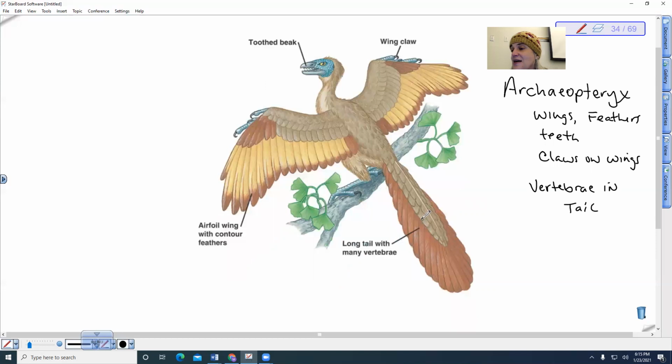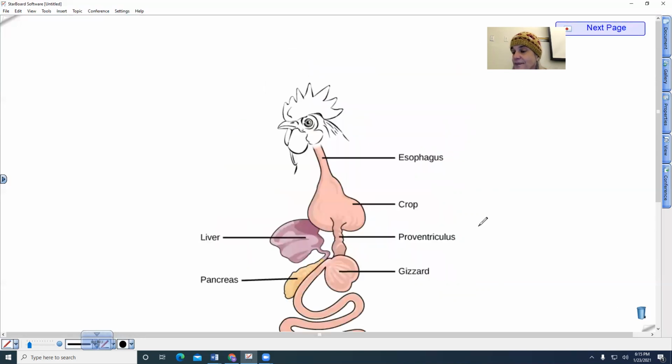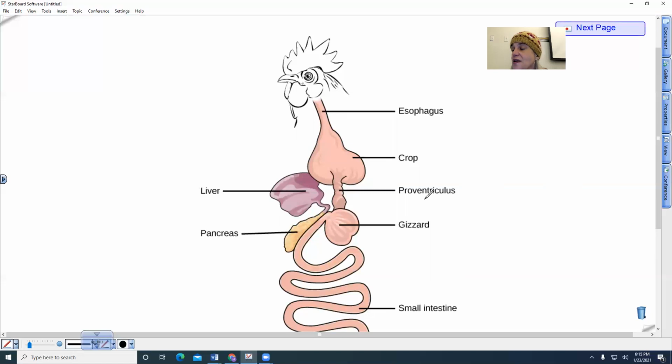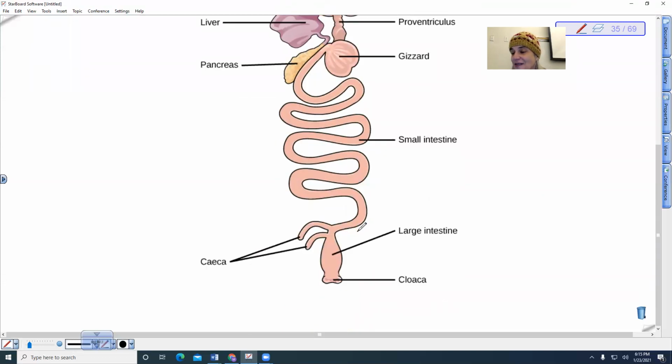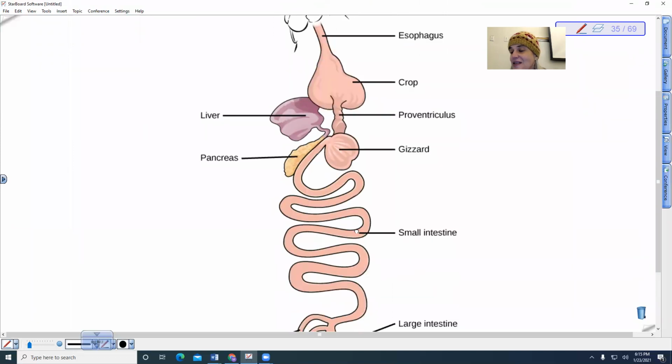So that would be characteristic of a reptile, not a modern day bird. This shows a chicken. They have this gizzard that helps to grind their food. You can see the modifications of the digestive system.